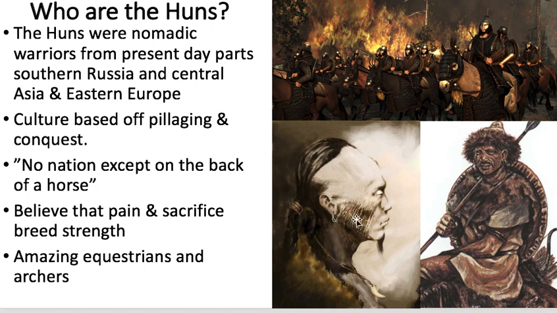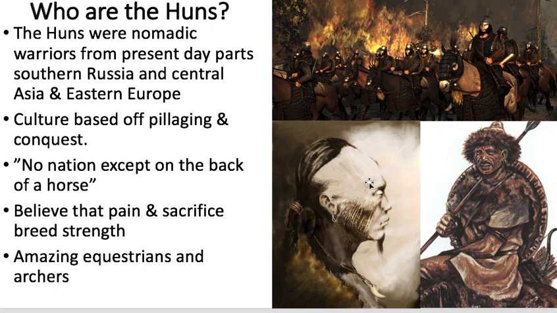As you see, in the areas on their cheeks, deep grooves were cut into this little baby's face because they thought that from birth they had to know that pain was a big part of life, and managing pain was a big part of building up your own internal strength. They only wanted strong warriors.